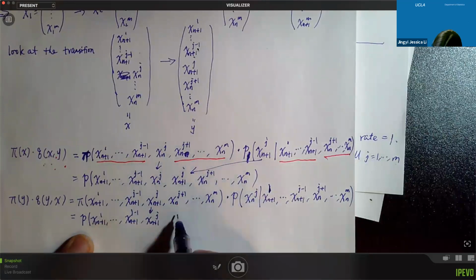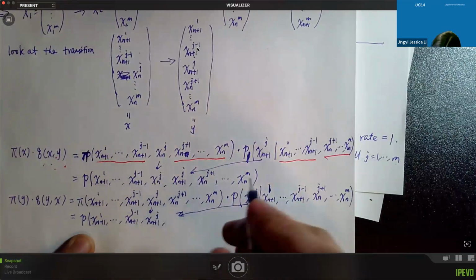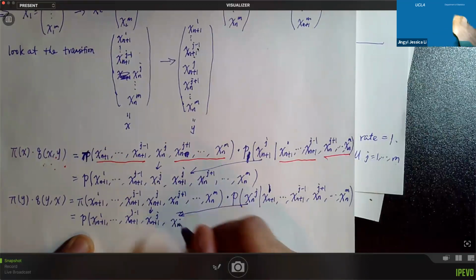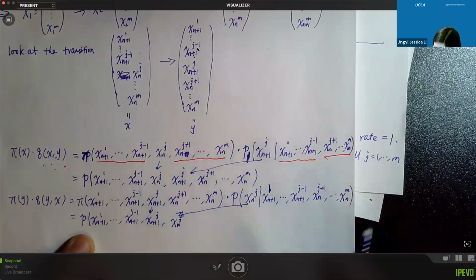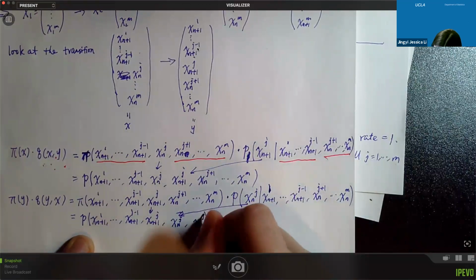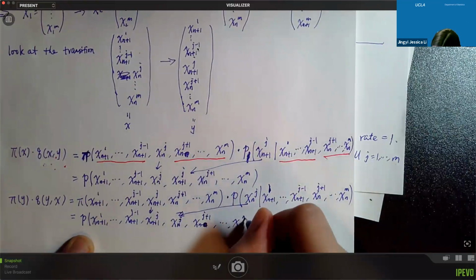I'll also have a thing from this part, so that will give me x_{nj} and all the remaining things in the condition, that's x_{n,j+1} to x_{n,m}.